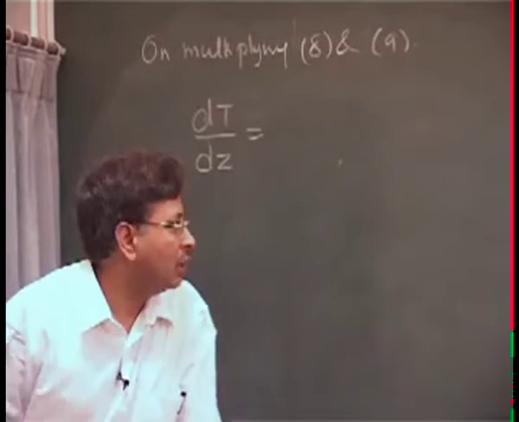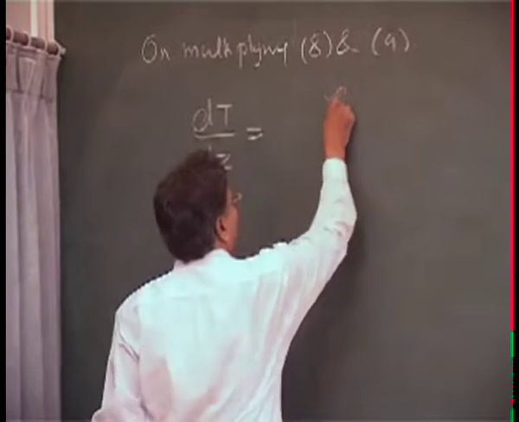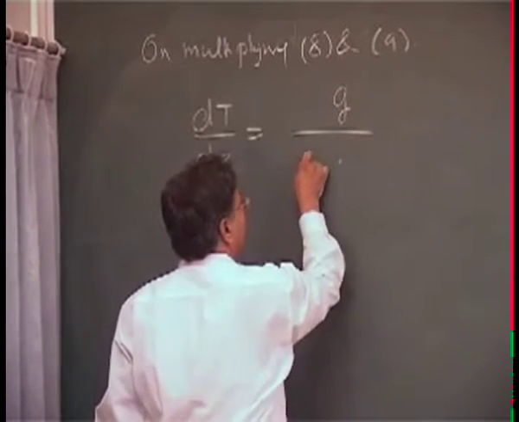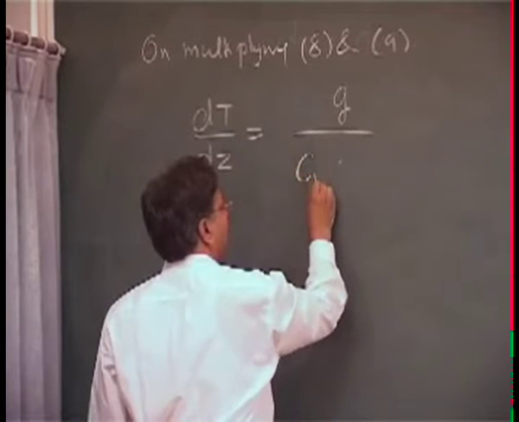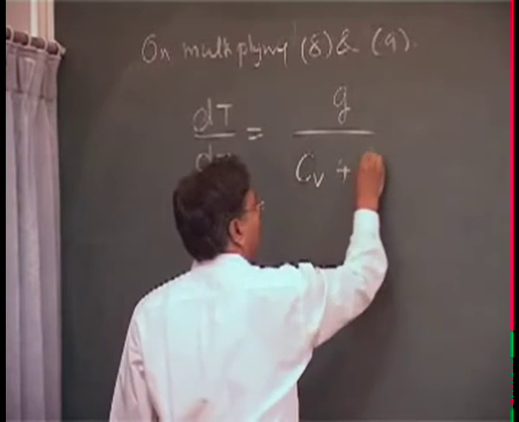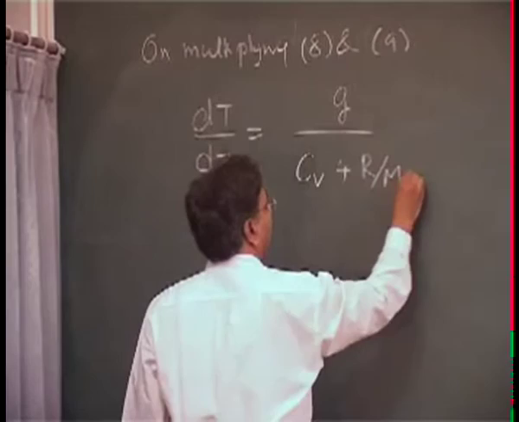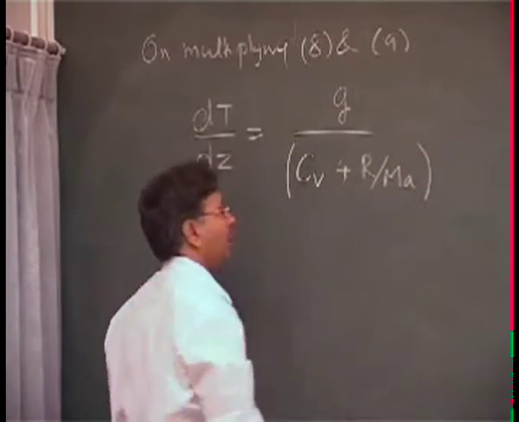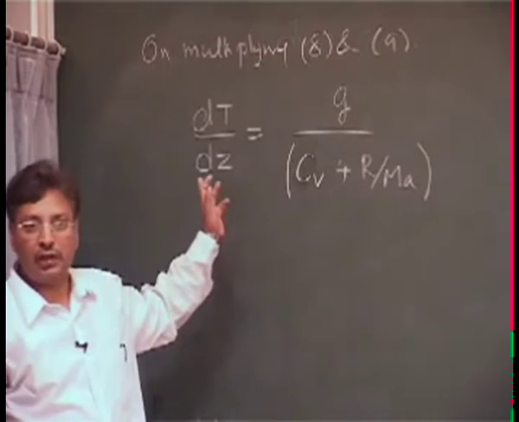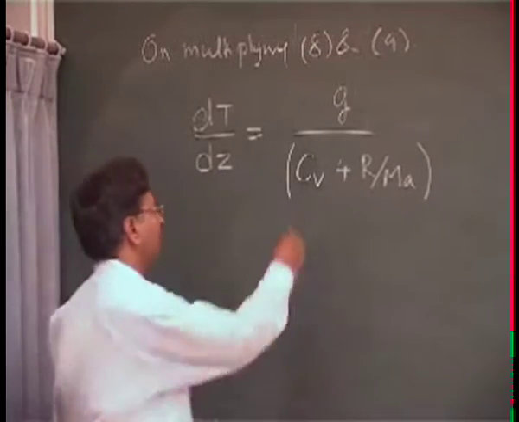g upon Cv plus R by Ma. This I can put in a bracket if you like, with a negative sign, right?